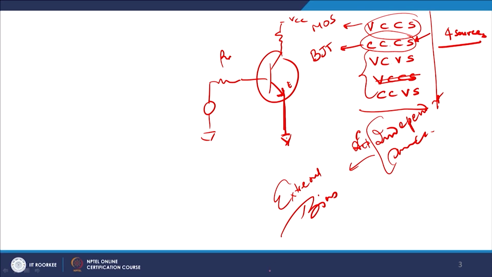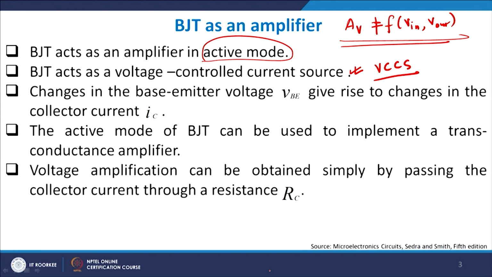This is what we will be learning as we move along. What we have learned just now is that the change in the base emitter voltage gives rise to a change in the collector current IC. I think this has already been discussed to a larger extent.